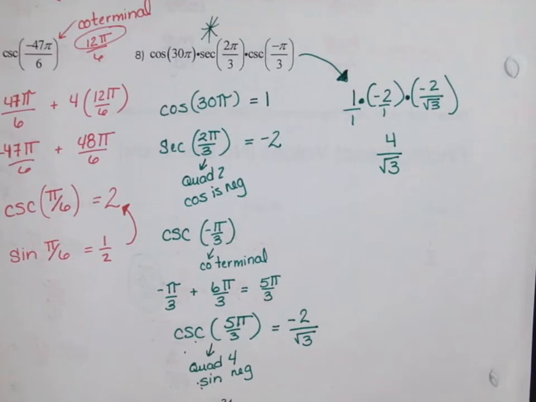All I did was take the answers we found, each individual one, and multiply them together. Let's rationalize that denominator.